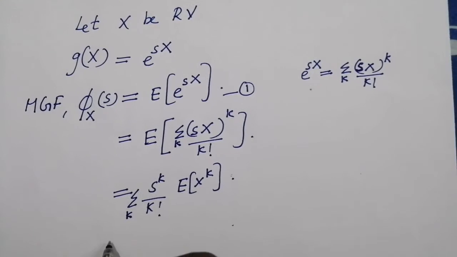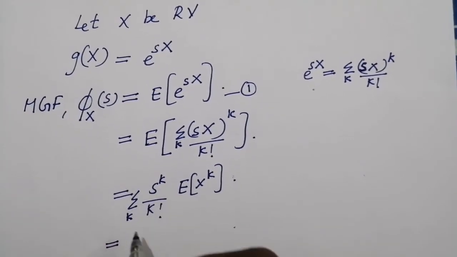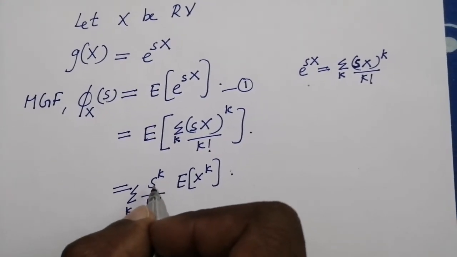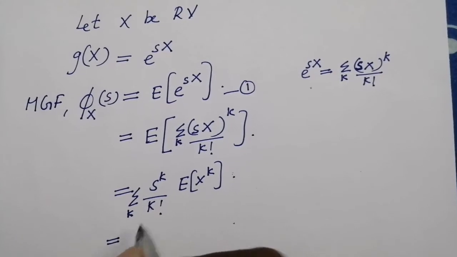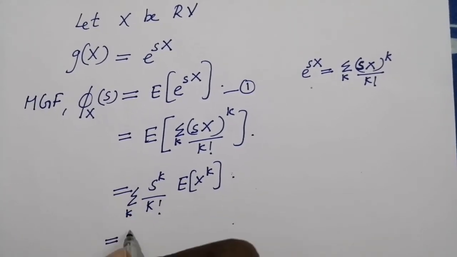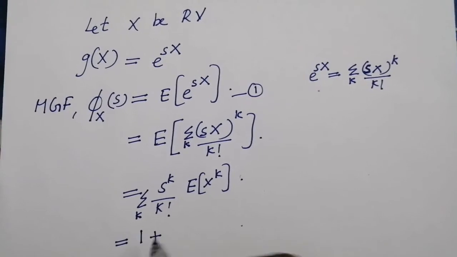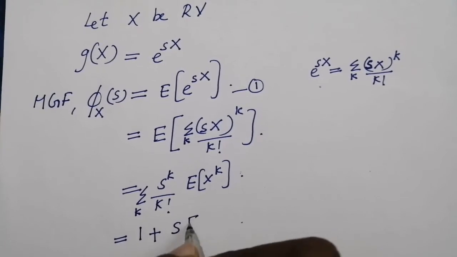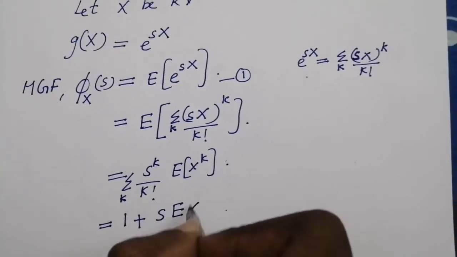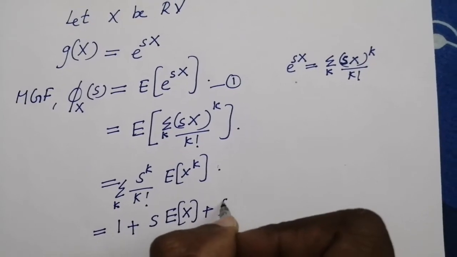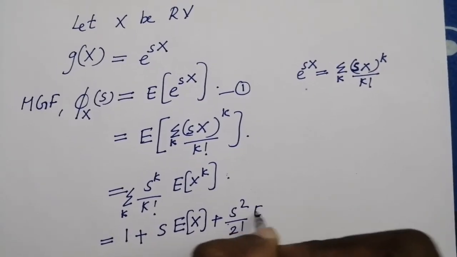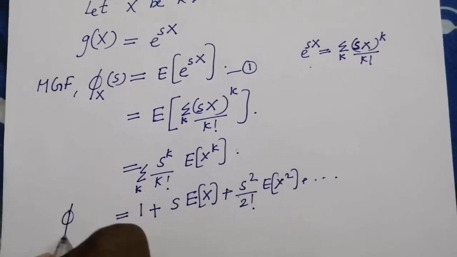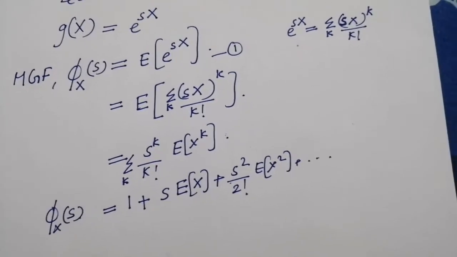If you put k equal to 0 to infinity, then for k equal to 0 it will be s raised to 0 by 0 factorial, that is 1. Plus, when k equal to 1, it will be s by 1 factorial into the expectation of x raised to 1, that is the expectation of x, plus s square by 2 factorial into the expectation of x square, plus etc. So this will be phi x of s.